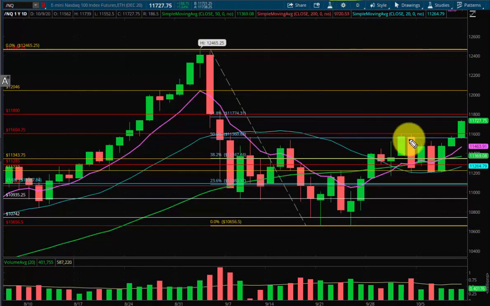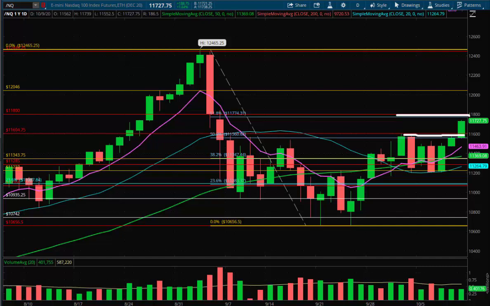I switched it back to the daily chart just to show you, but the 50%, which is right here, and the 61.8% fib. The way these Fibonacci retracements work is the 61.8% is a magnet. It's a big reversal area, but it's a magnet. So when we cross over that 50, that is a very, very high probability move, okay? So that's why I'm so optimistic about these targets hitting.